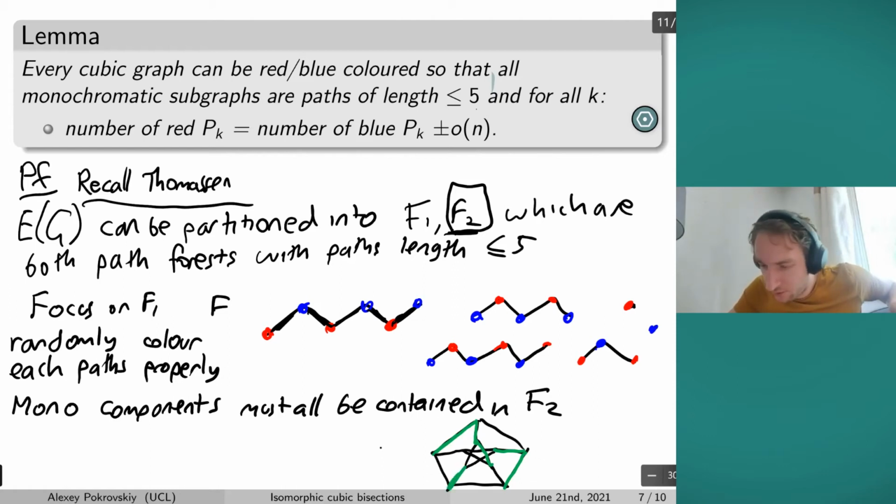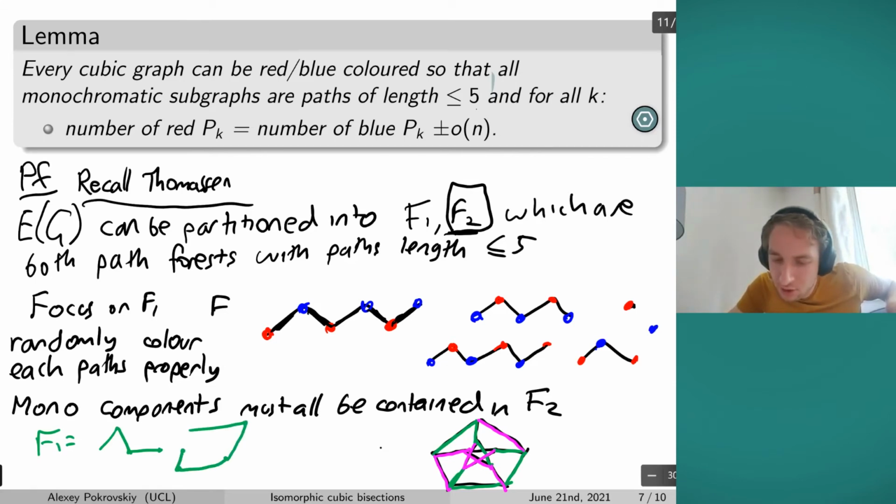The remainder path forest, not quite. Yes. Okay, that's one path forest. And here's another one. Okay, so let's say green is F1, which is one path with 3 edges and one path with 4 edges. Hopefully you can see them.